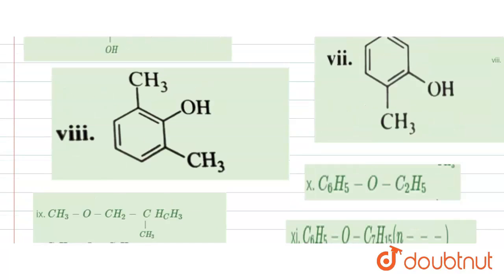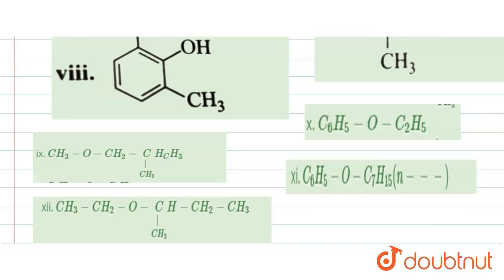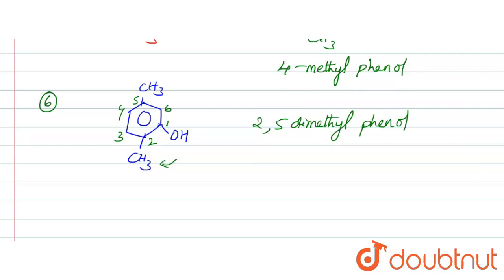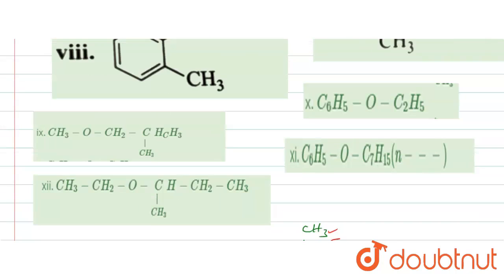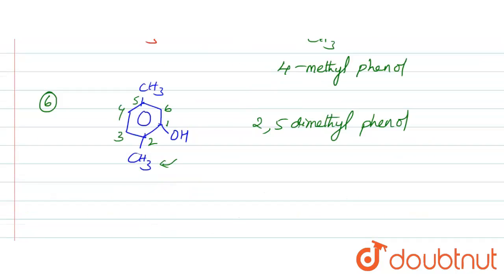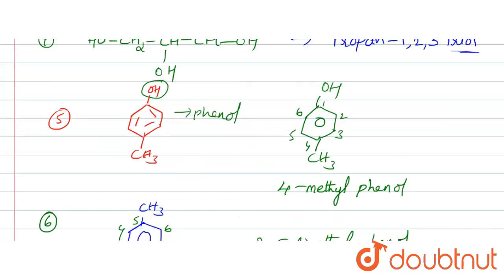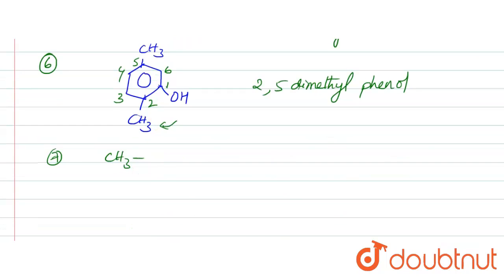Next we have ethers. So ethers, the first compound is CH3, or CH2, CH2, CH3, and also CH3 here.